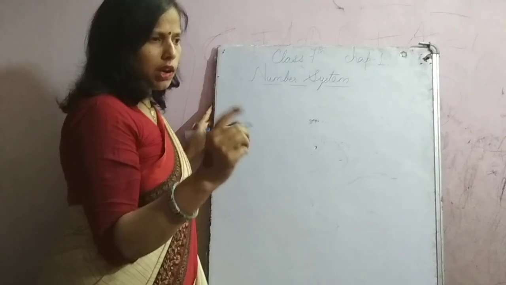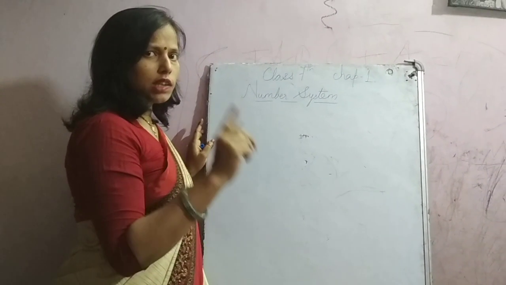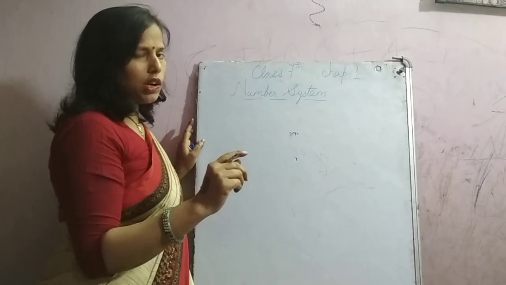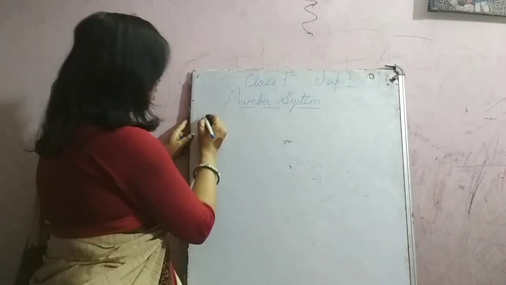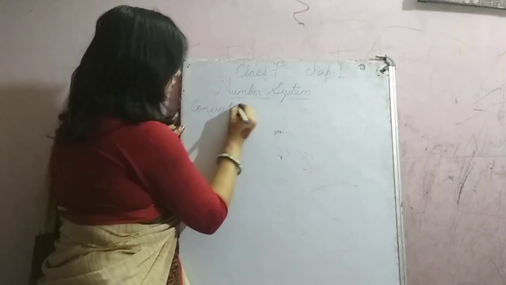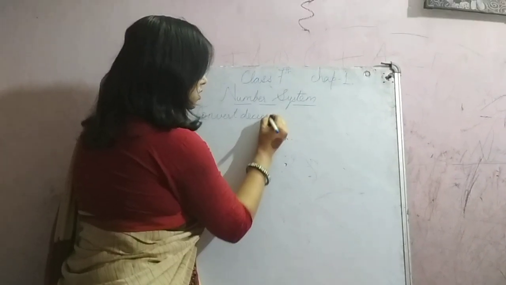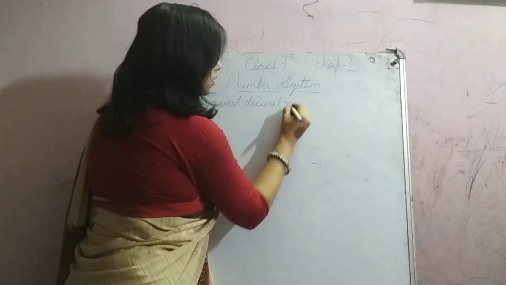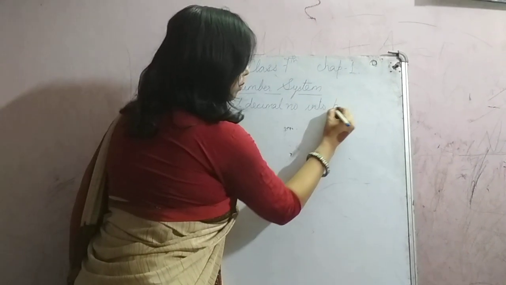In decimal number, we already know that it is of 10 digits, that is 0 to 9. And in binary number, there are only 2 digits, that is 0 and 1. Now convert decimal number into binary number.